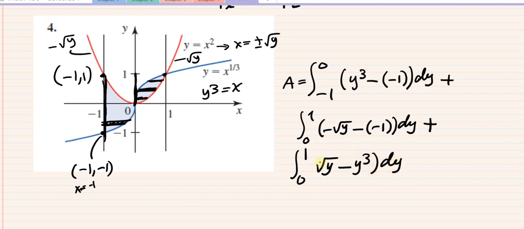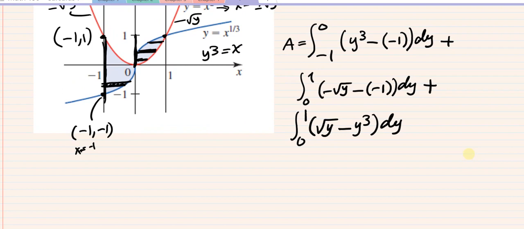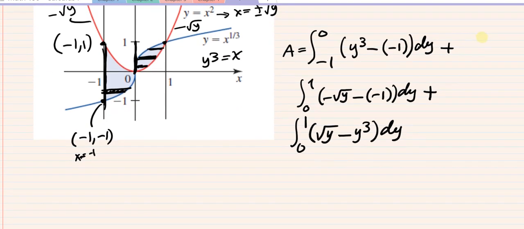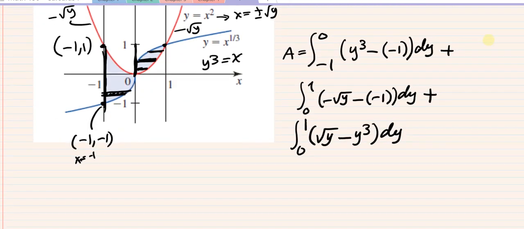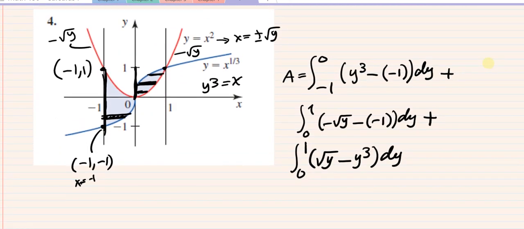Look at how much more complicated this is. And we can actually evaluate this integral, maybe we'll do that just to make sure. The answer is going to be 3/2, but remember, the one we were already done with was much easier. This is a much harder way of doing it.